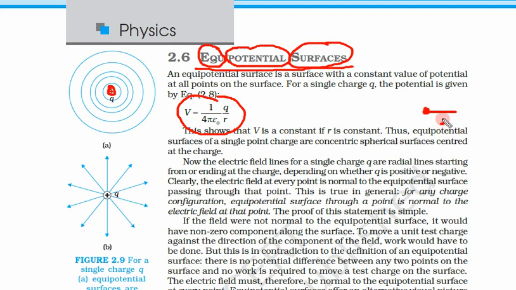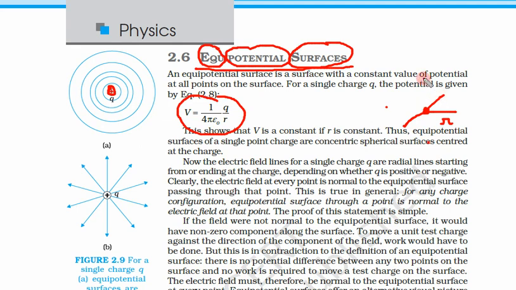So this r can be on this positive x axis, this positive y axis, negative x axis, negative y axis, similarly on this positive z axis and negative z axis.